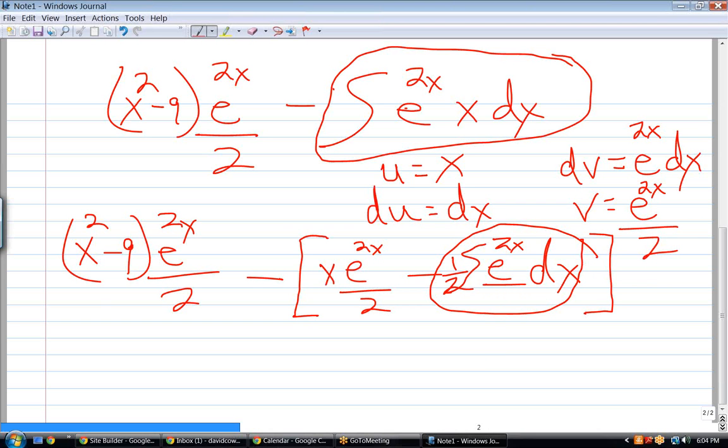Alright, so the integral of e to the 2x is that still e to the 2x over 2?